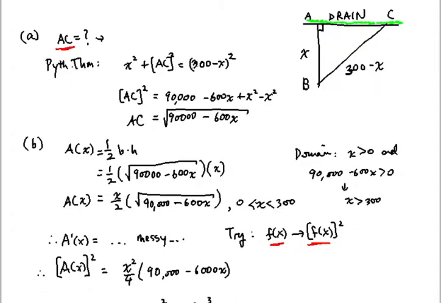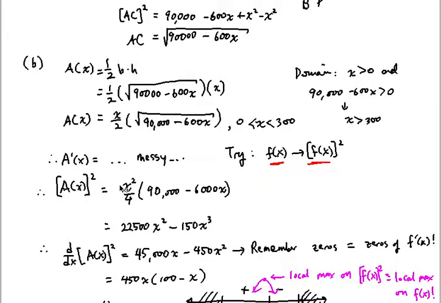Once we square it, we end up with A of x quantity squared is x squared over 4, and the square root disappears, times 90,000 minus 600x. If I were to simplify this, I get this expression, and so now I can find the zeros of this a lot easier than I would be able to with my original function.